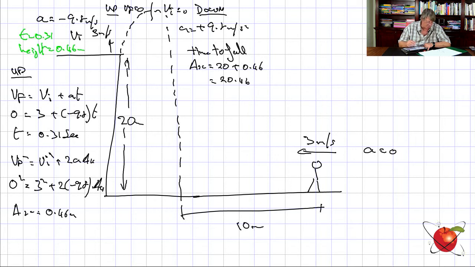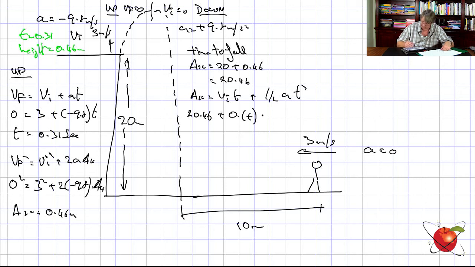And we plug into this formula here where we say delta x is equal to v initial time plus a half a t squared. So that's 20.46 plus v initial is 0, times t, plus a half times 9.8 t squared.